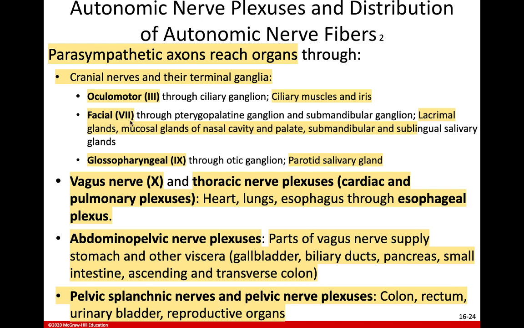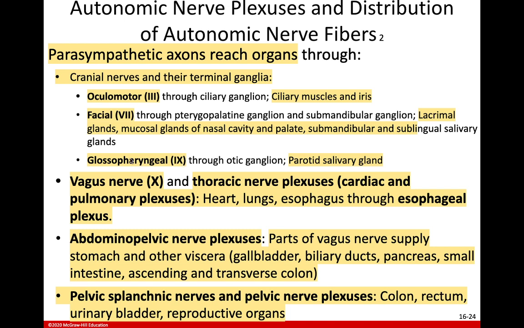Cranial nerve number 7, again, remember, is a part of the parasympathetic division of the autonomic nervous system. This is your facial nerve. These are the ganglia where the pre and postganglionic neurons synapse, and it is going to be innervating the lacrimal glands, which are the glands involved in producing the tears that keep your eyes wet, as well as glands in your nasal cavity and salivary glands in your mouth.